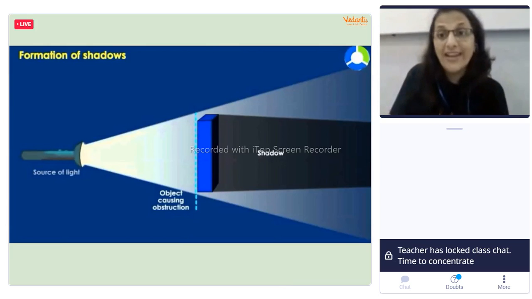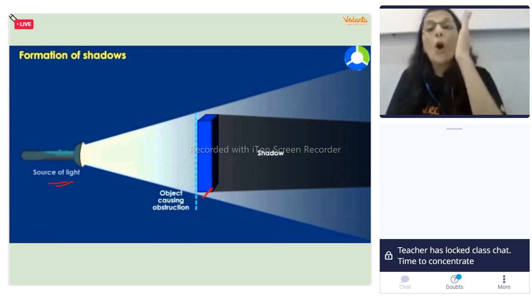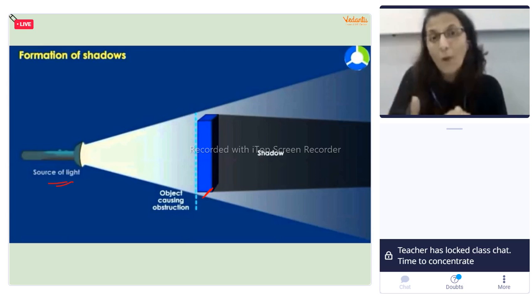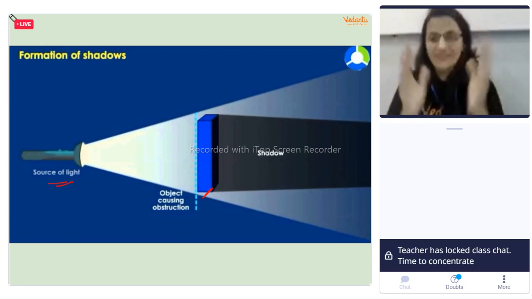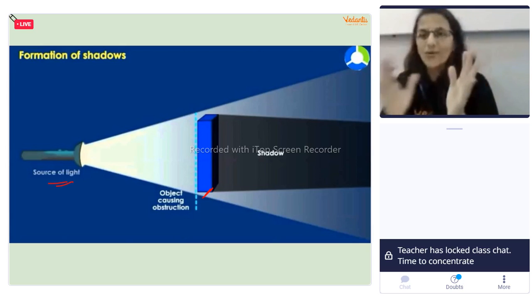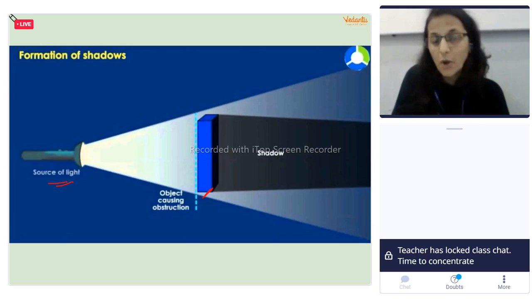So let's understand the formation of shadows. See, this is a source of light, right? This is an object which is causing obstruction.